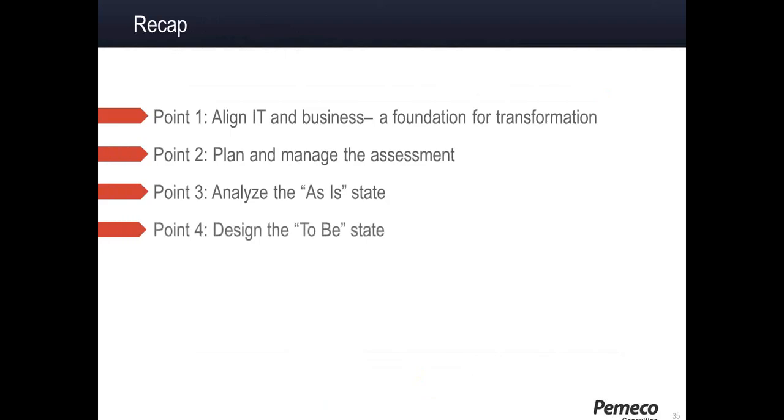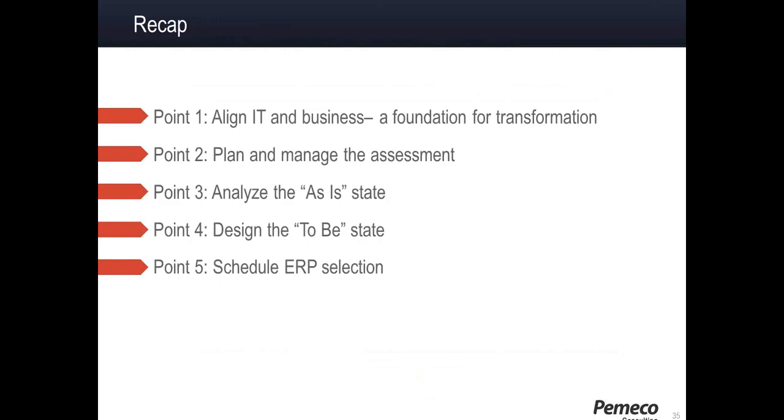So just to recap where we've come today, and we've covered a lot of ground in a very short period of time. We've talked about aligning IT and business and developing a foundation for transformation. We've discussed how to plan and manage the assessment project. We've talked about analyzing the as-is state and the gaps and the issues and the opportunities there, as well as the critical requirements.